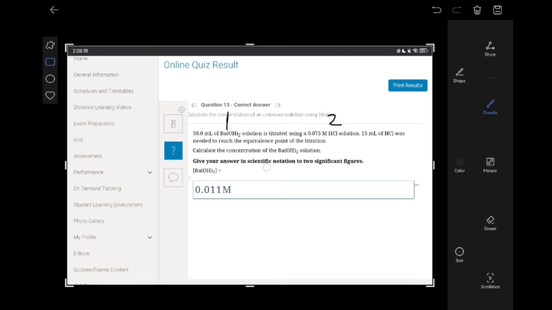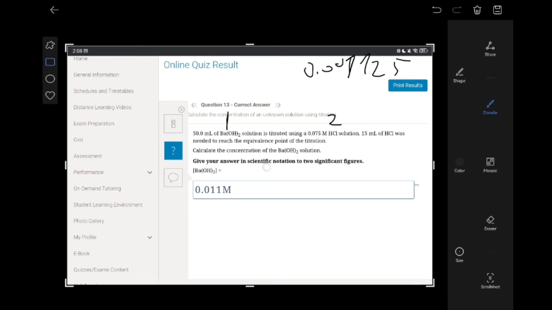So do 0.075 times 0.015. You get a long decimal, but I'm going to write it down: 0.001125.